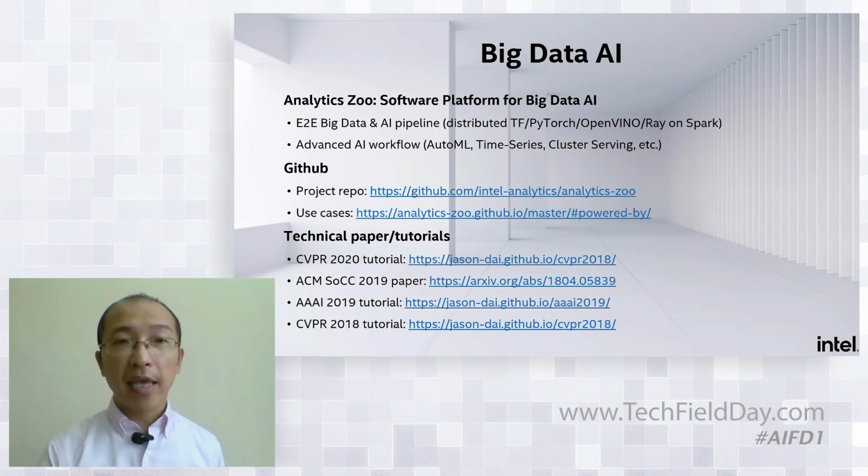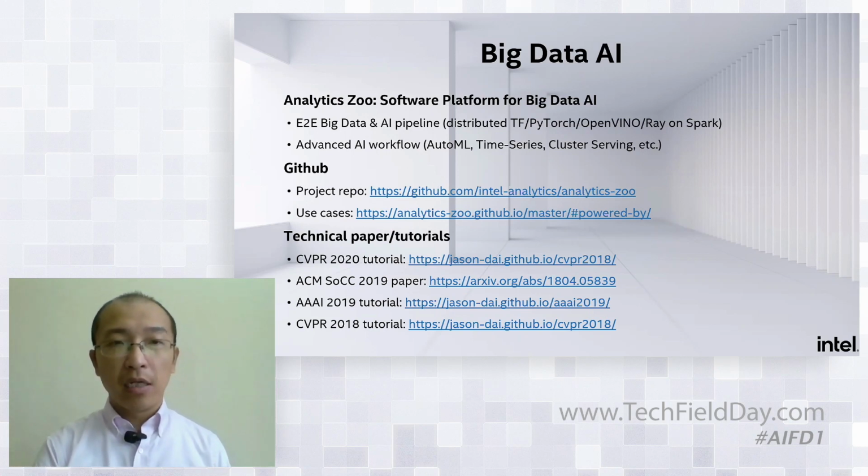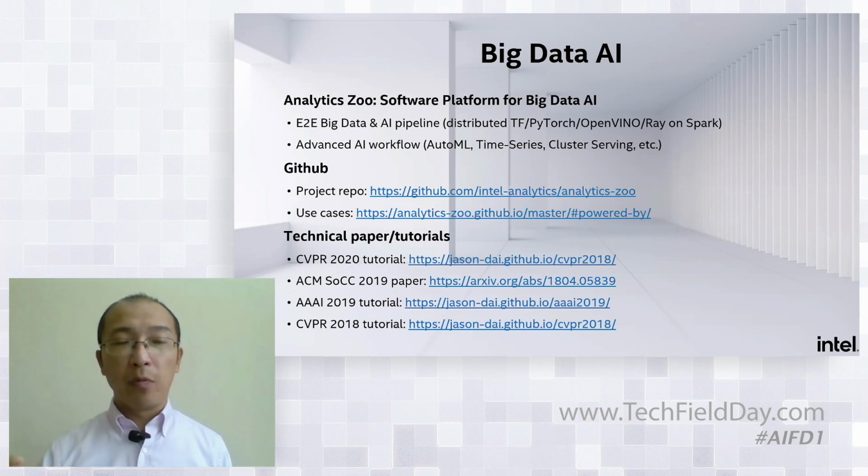And secondly, how can you seamlessly, transparently scale out those big data and AI pipelines across a cluster to process a large amount of data? That's what Analytics Zoo tries to support, by providing an open source software platform with both an end-to-end pipeline as well as advanced AI workflow.